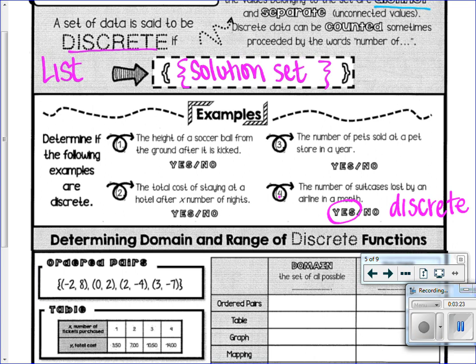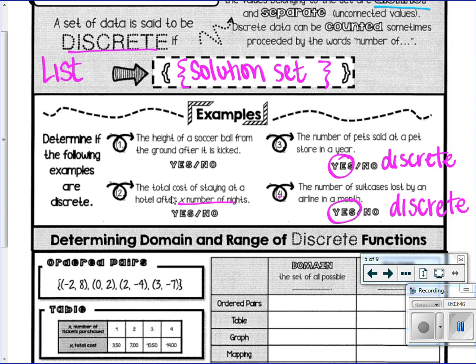On to number 3, the pet store. Number of pets sold at a pet store in a year, is that discrete or continuous? Discrete. You can't cut a pet in half. Next, total cost of staying in a hotel after x number of nights. Is that discrete or continuous?